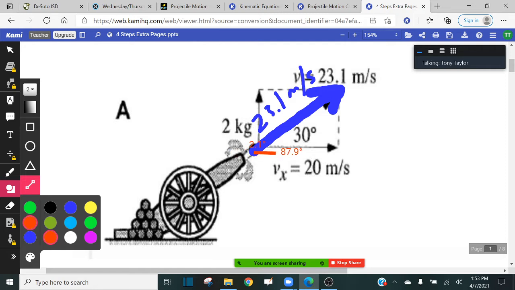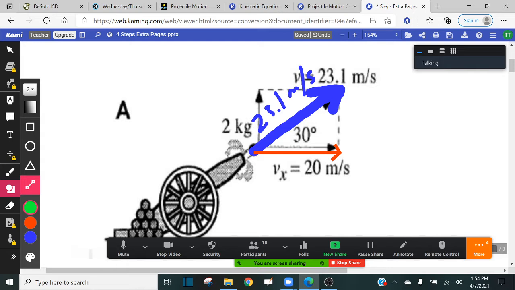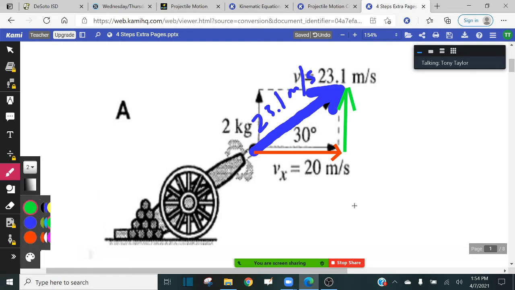So we have an x component, and we also have a y component. Now, if you guys notice in the problem, they actually tell us what the velocity of the cannonball is in the x direction.